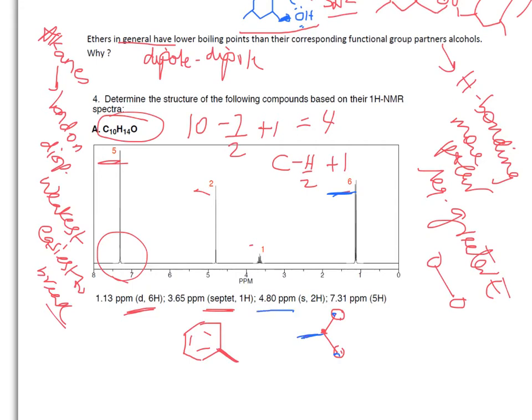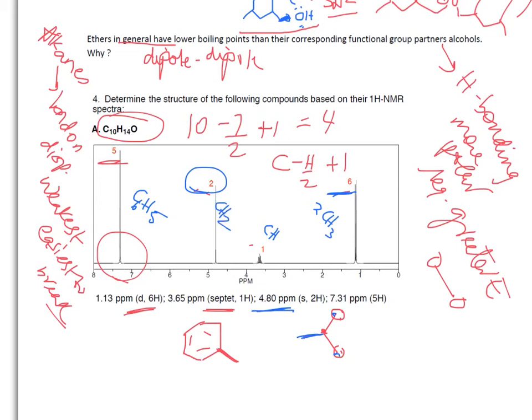And then you have to think about what comes for the 4.8. That is a singlet. It is worth only 2 protons. So when you do the math for how much you already have, you have the C6H5 for the benzene, you have the CH, and you have 2 CH3s. So when you do the counting, you basically are left with a CH2.